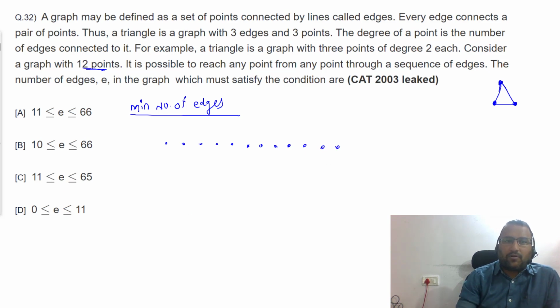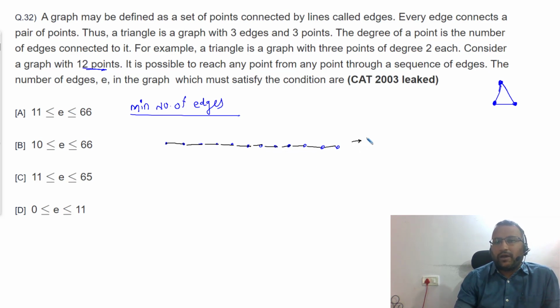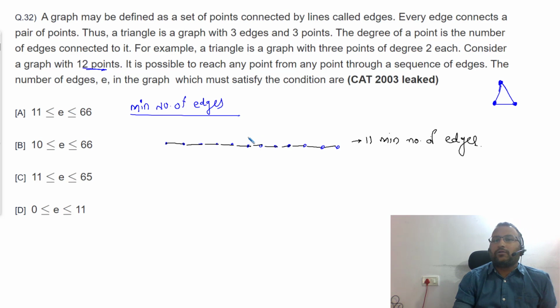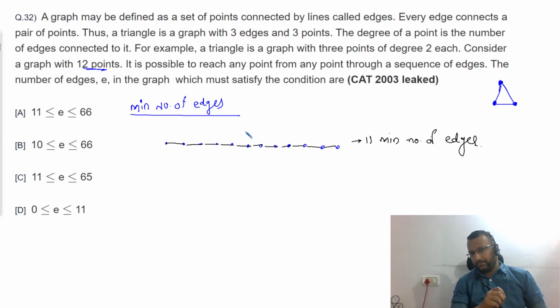The minimum number of edges to connect these 12 points is equal to 1, 2, 3, 4, 5, 6, 7, 8, 9, 10 and 11. So 11 is the minimum number of edges to connect any two points, so we can travel from any point to any other point through the sequence of edges.